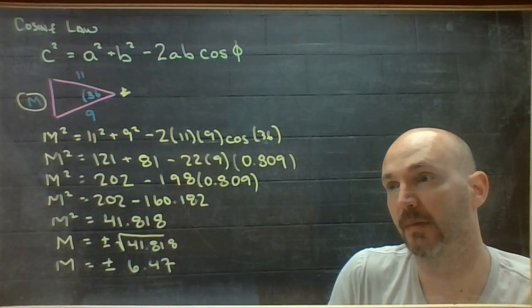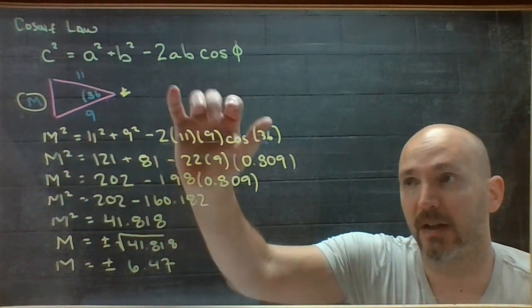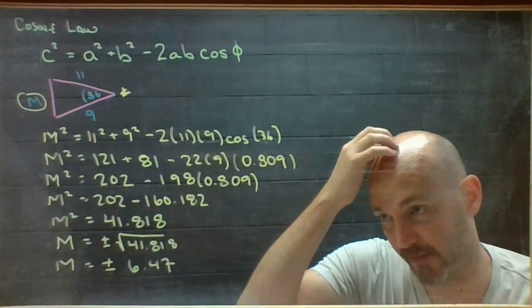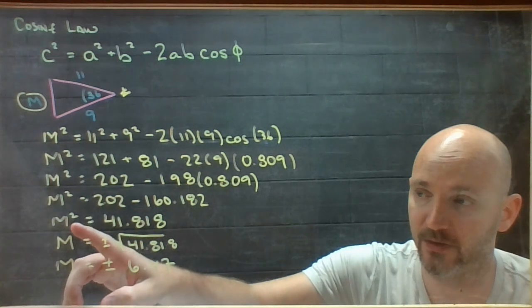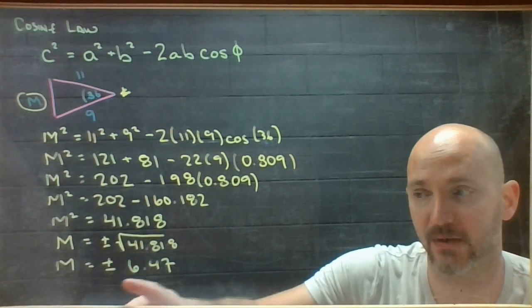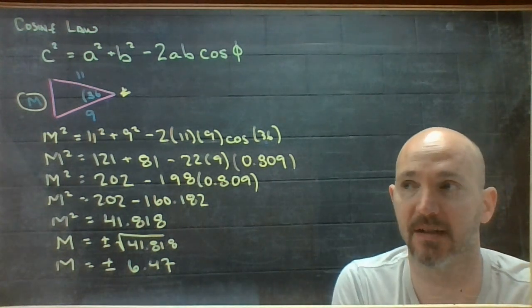Okay. So if you've got all the numbers and you just have them on this side, you just have to slowly work your way through the order of operations. And because I do technically need plus or minus anytime I break a square with the square root, I end up with the answer plus or minus 6.47.